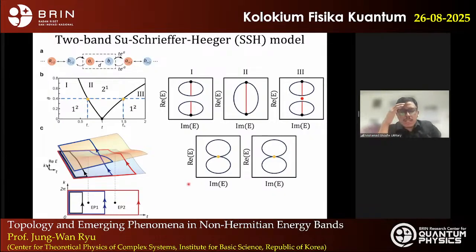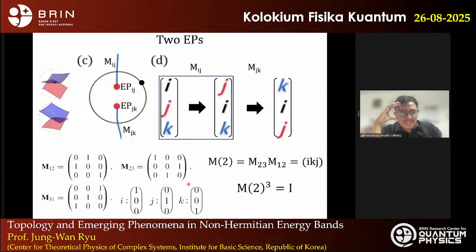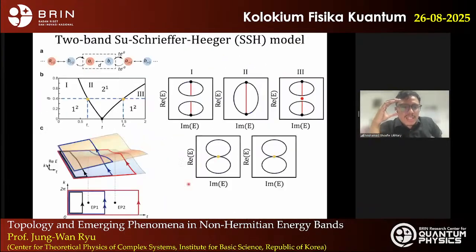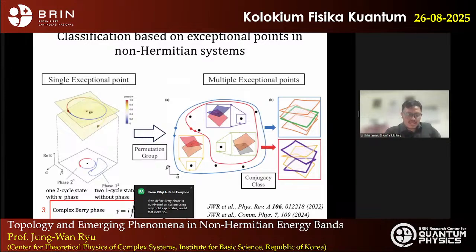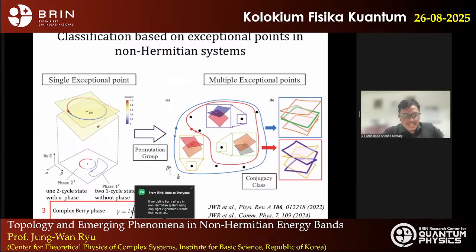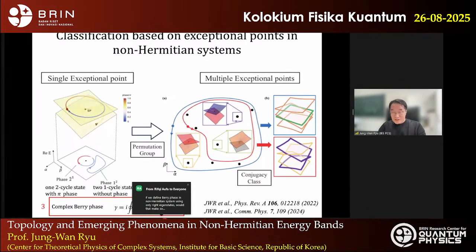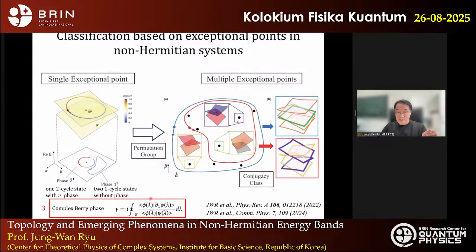I think in the formula of the Berry phase, we need the so-called eigenstates, right? In non-Hermitian systems, this is the right eigenstate, this is the left eigenstate. We can obtain the complex Berry phase, and using this Berry phase, we can explain the topological property well.